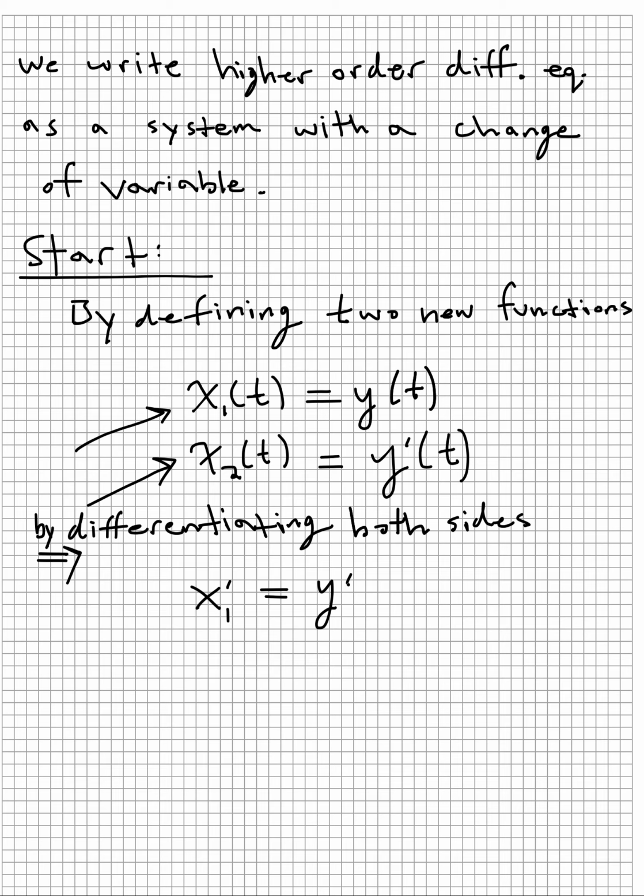Well, we defined y prime. It's x2. It's pretty neat. And if we take the second derivative of x2, you'll notice something else that's pretty neat. This will equal y double prime.